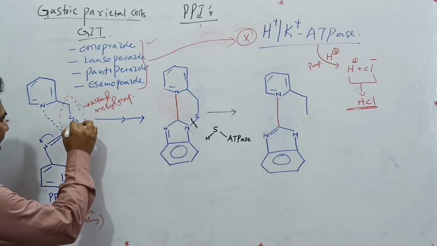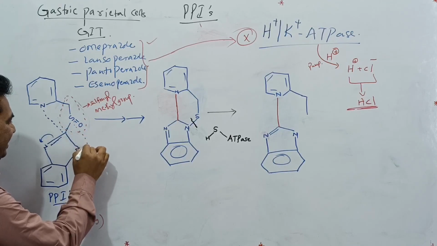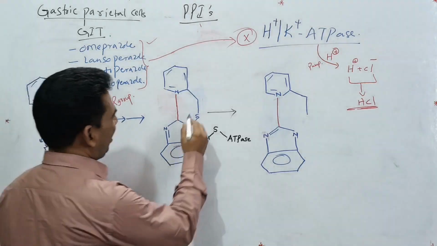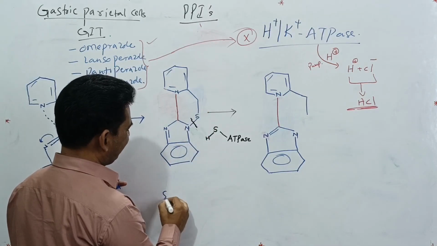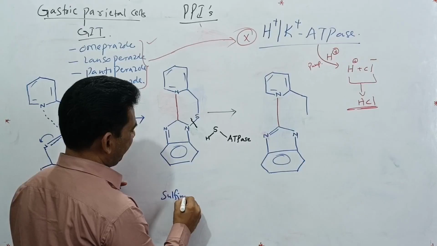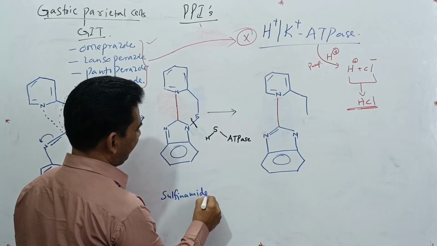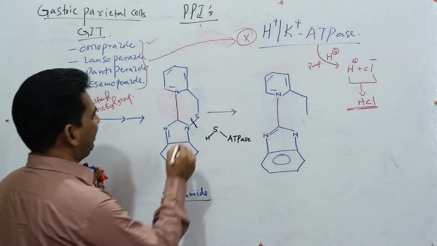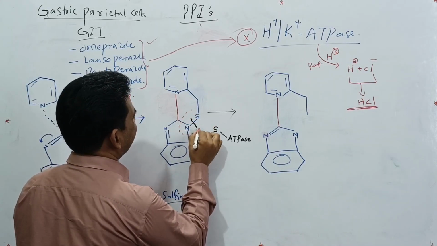It means this particular sulfonyl group will come towards this side, to this nitrogen. Then what is formed here? This is called the sulfonamide group. This is very important.